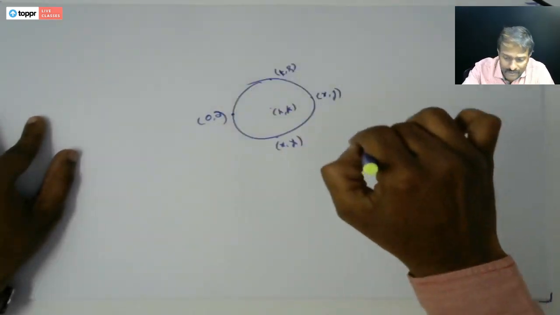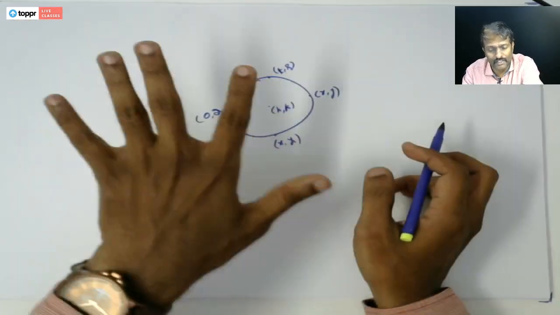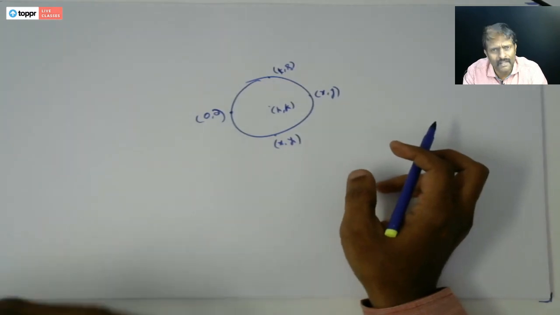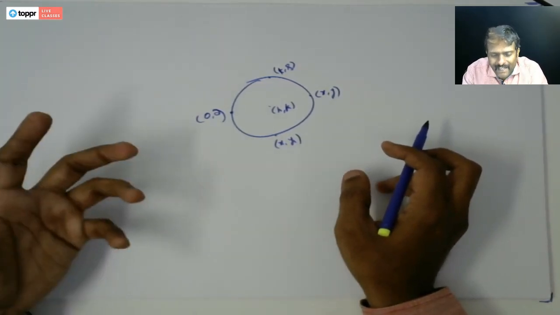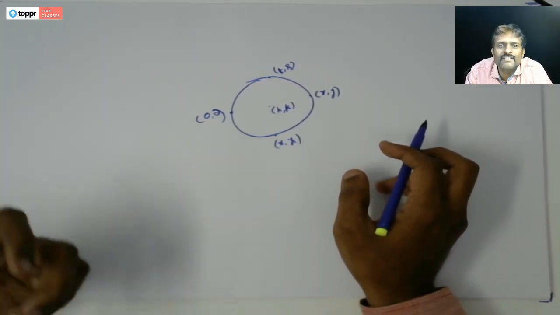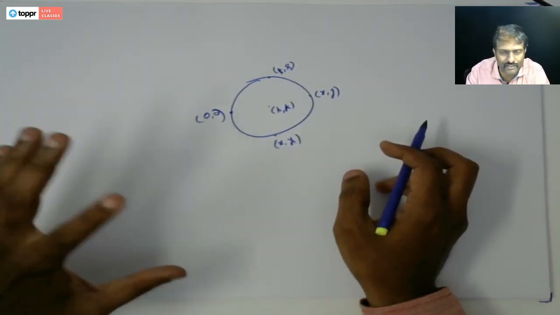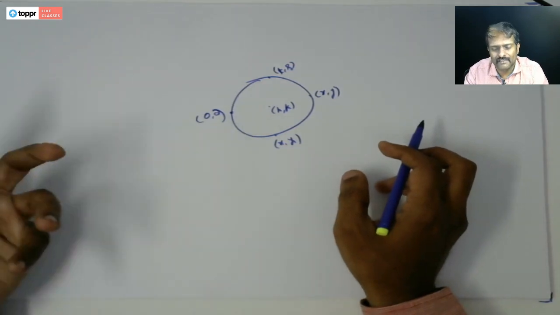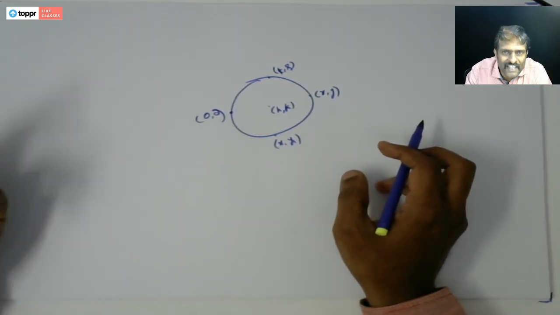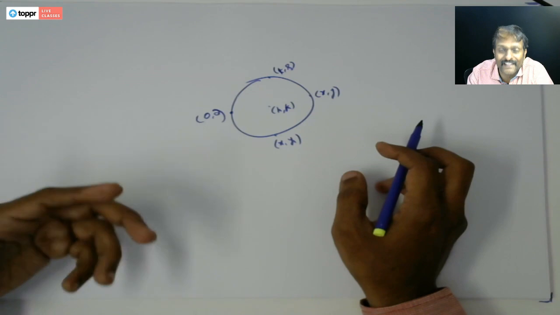There are so many other points on the circle, not only these 4 which I have written here. In that, we are taking a particular point, 0 comma 0, as a point on the circle. So this is a special case. When 0 comma 0 is a point on the circle, then it has a special equation. So let us try to find that out.